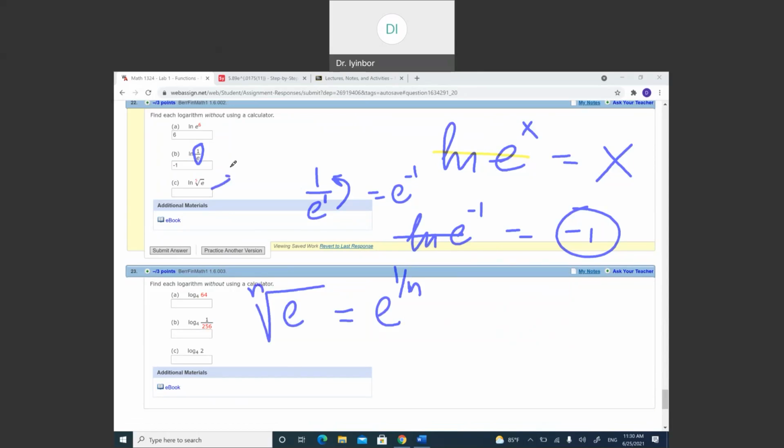So this becomes ln of e to the 1/5 exponent, and ln and e cancel out, and the answer is 1/5. Okay, so that's what you're doing for this one. You have to change it to be with exponent, and then you just get the exponent as the answer. Okay, and that's how you do this.